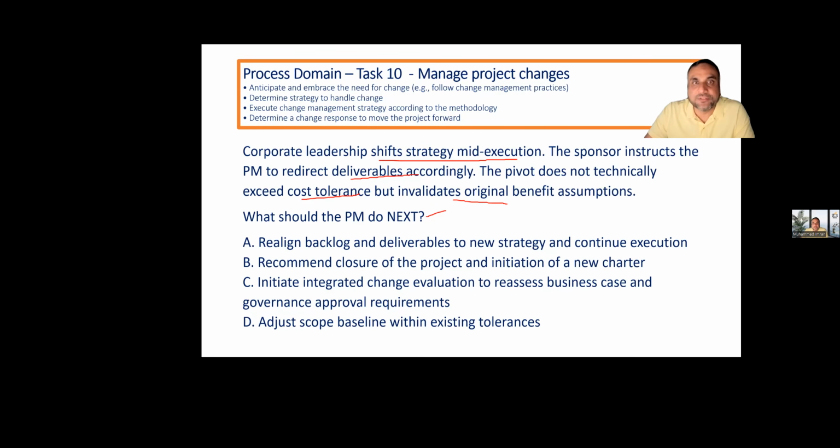Corporate leadership shifts strategy mid execution and the sponsor instructs the PM. When a sponsor is instructing the PM, whether it's predictive or hybrid, backlog prioritization is the task of whom? Who is responsible for the backlog? PO, exactly. So this answer will never be the correct answer.